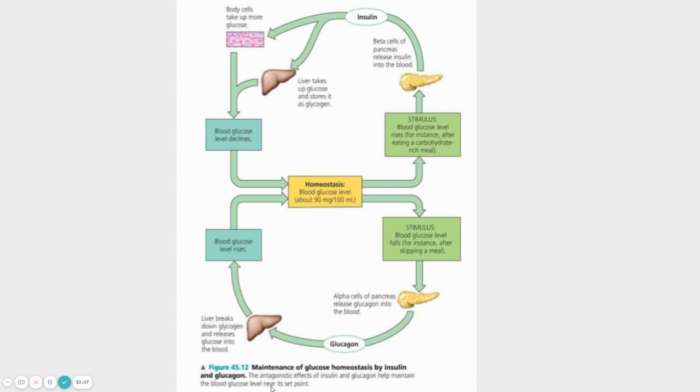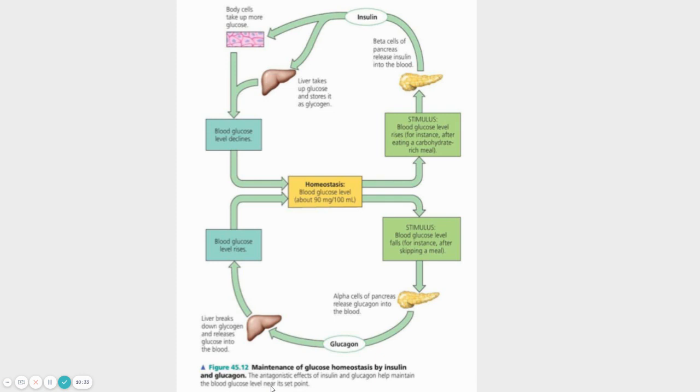And that signal causes your liver to take in glucose from your blood and reduce your blood glucose level. And so eventually, your blood glucose level declines again. And then your pancreas says, oh, okay, we're okay now. And it shuts off this insulin. That process is called feedback.